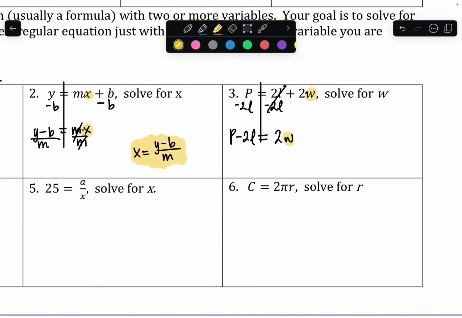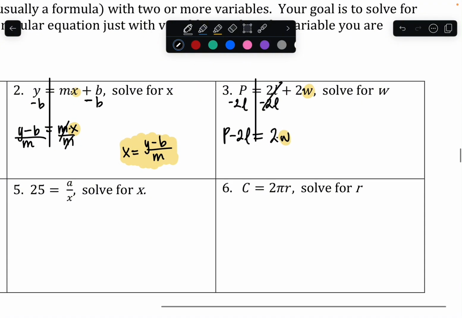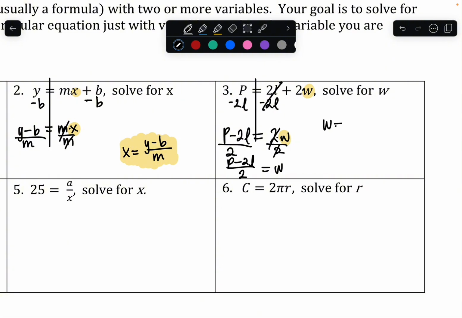Still trying to isolate W, and so my next step is to divide by that 2, the entire left side. Okay, and so that leaves me with W all by itself equals P minus 2L all over 2.